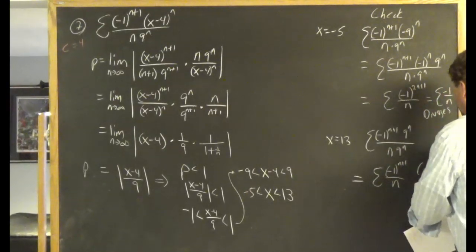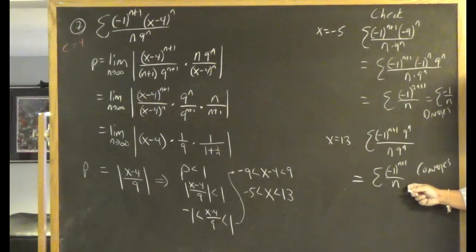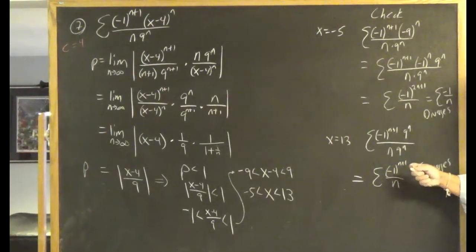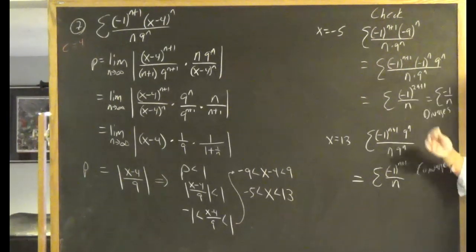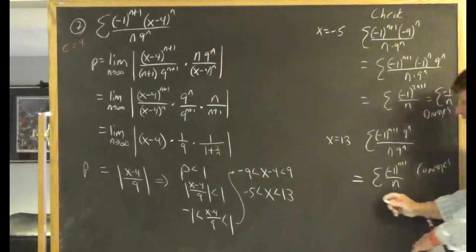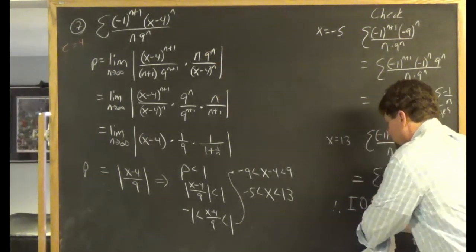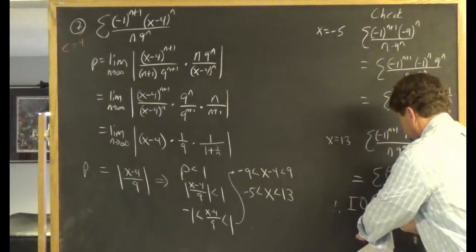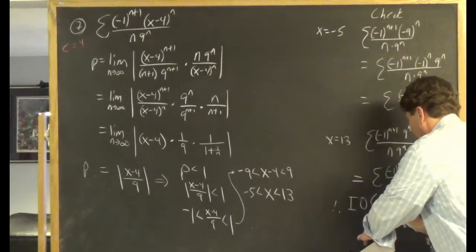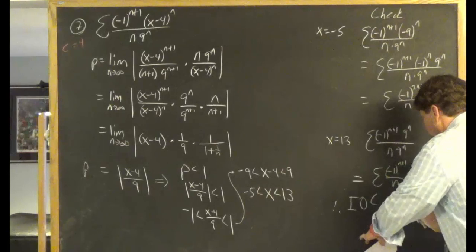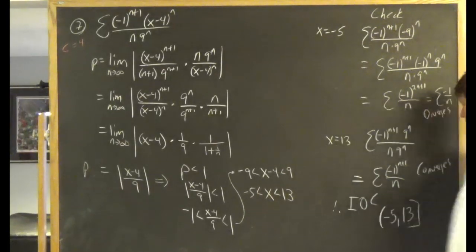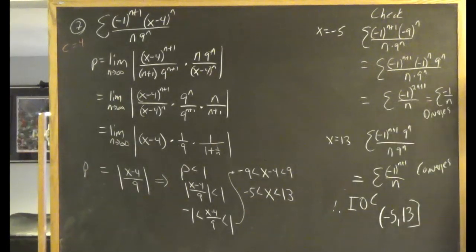I know this series converges because it is alternating. In fact, it is the alternating harmonic series. So after we analyze the endpoints, we can now conclude the interval of convergence is -5, not including -5, to 13, including 13.